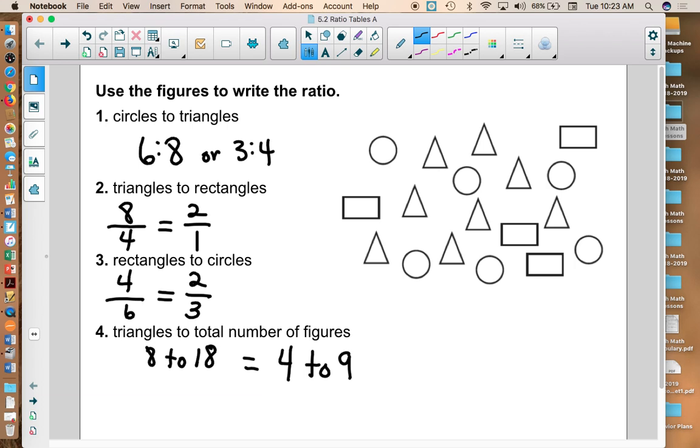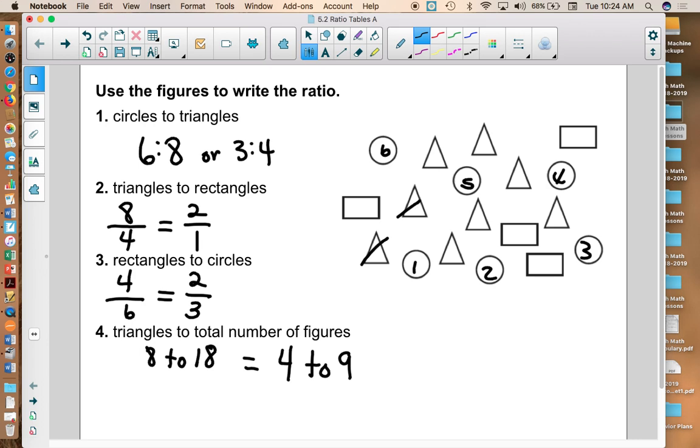Okay? All right. When we're writing ratios, you take and you count up what it says, the number of circles that are there. And in this particular case, I have 1, 2, 3, 4, 5, 6 circles. Do you agree with that, Monique? Okay. How many triangles are there to those 6 circles?